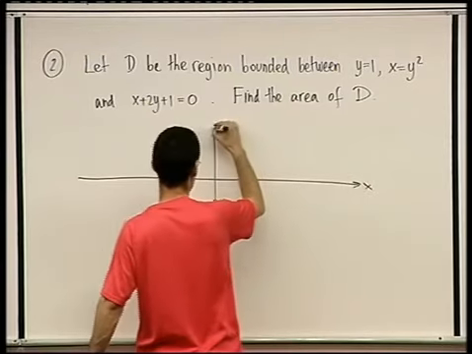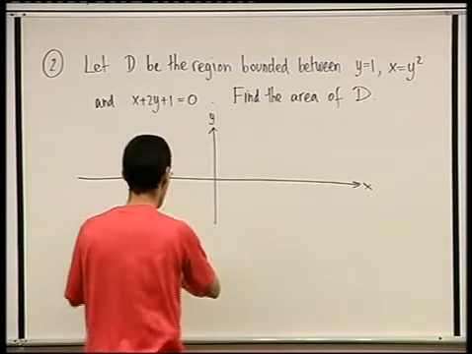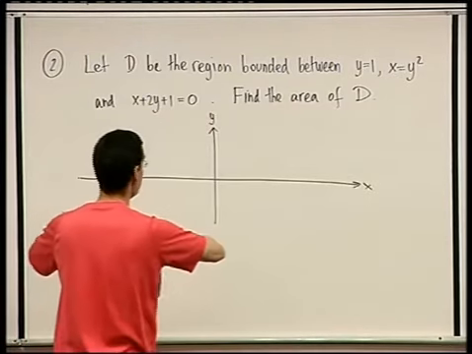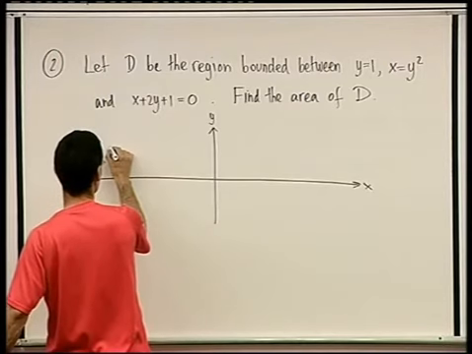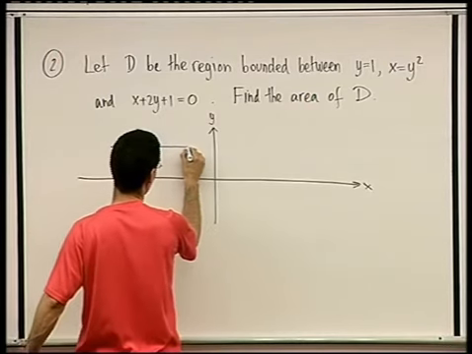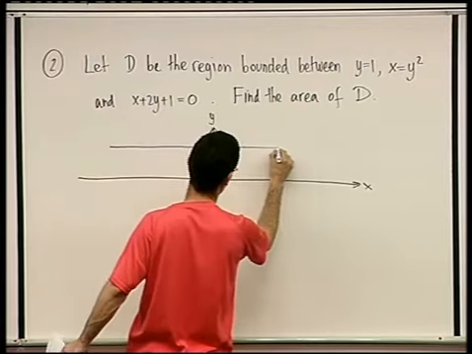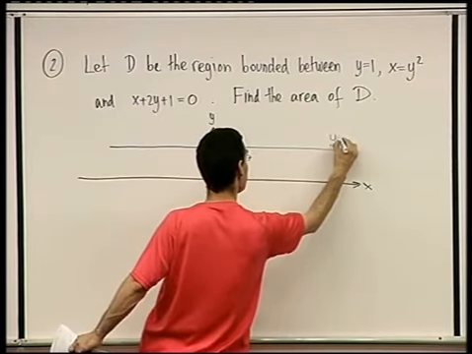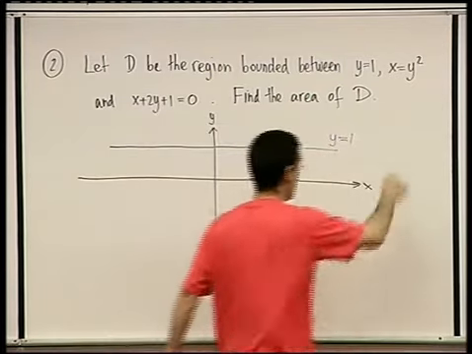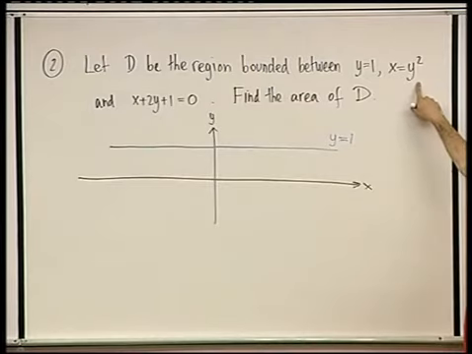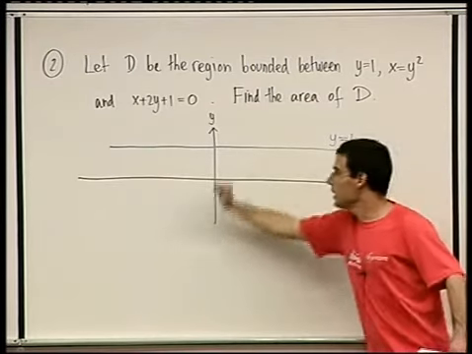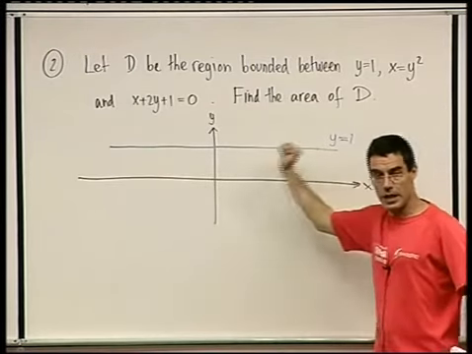This is the x-axis. This is the y-axis. Y equals 1 is going to be up here somewhere. This is y equals 1. X equals y squared is a parabola that looks like this. Do you agree? X equals y squared.